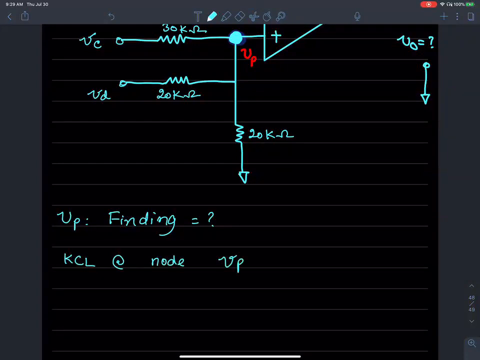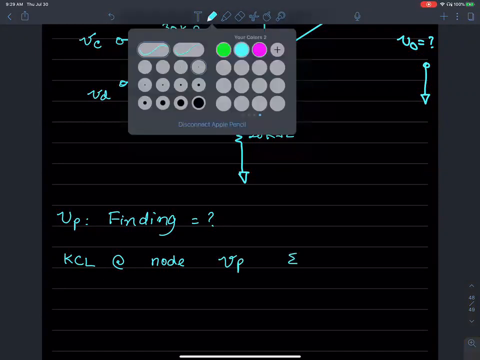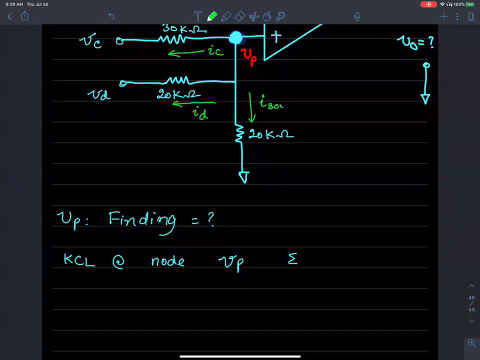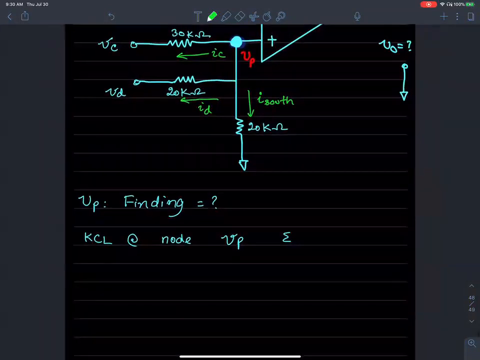If we apply KCL at node Vp and add all the currents leaving this branch, let me annotate them as Ic, Id, and I want to call this one I south, just an arbitrary name. Let's apply KCL at node Vp just so we can get an expression for Vp, because there's more than one source, so I can't do that by observation.